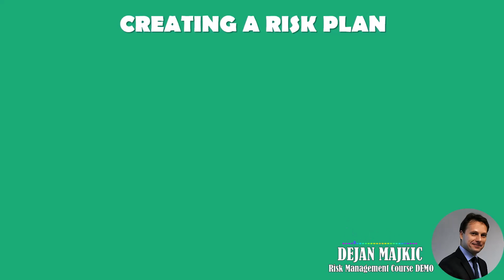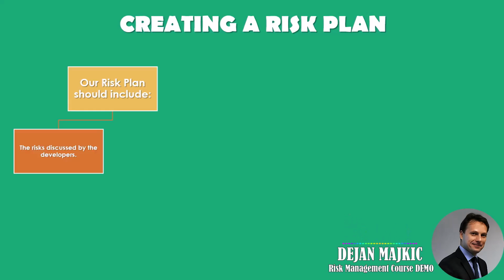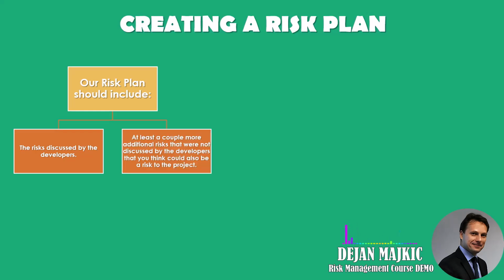And here is some information about what we should include in our risk plan, as well as what we should do for each risk. So our risk plan should include the risks discussed by the developers, and at least a couple more additional risks that were not discussed by developers, but that you think should also be considered risks for this project.